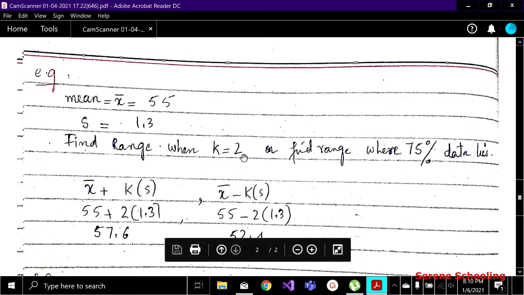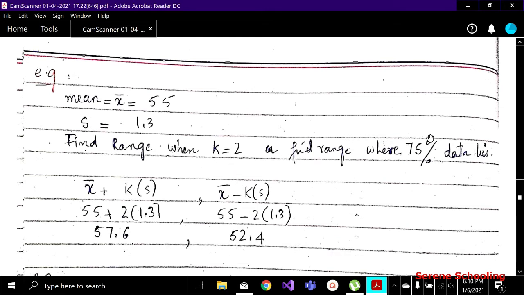Here we were already given k, but I wrote this case especially for you, so that from the percentage you can find k. Like 1 minus 1 by 2 square gives us 75. And in the books it is also given that at k equals 2 we have 75% of the data, and at k equals 3 we have 88.89% or something like this. You can also remember from there, but here you must know the concept.